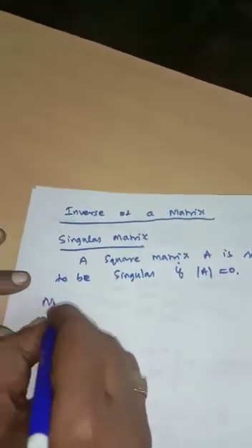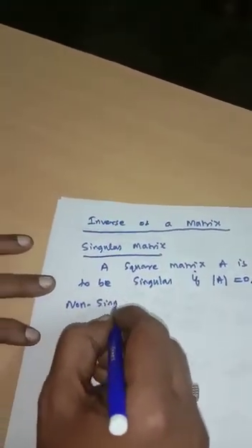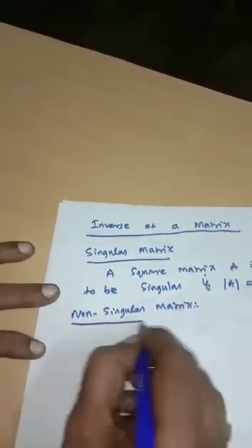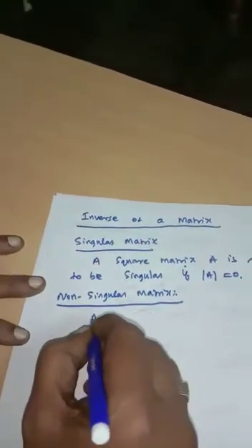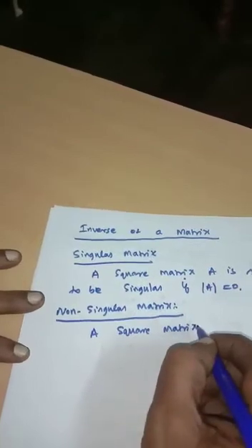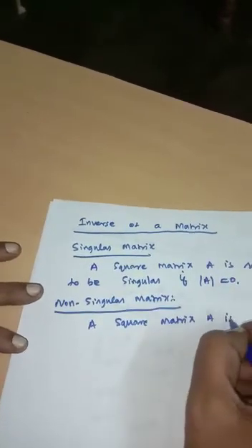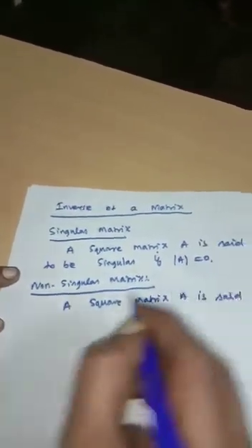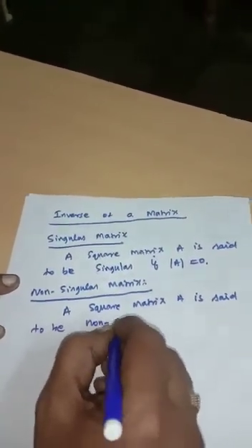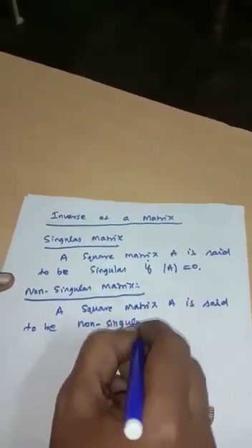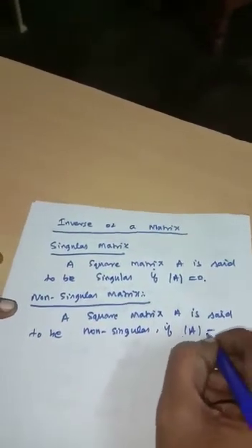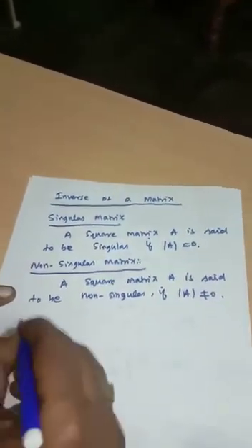Non-singular matrix. A square matrix A is said to be non-singular if determinant A is not equal to 0.